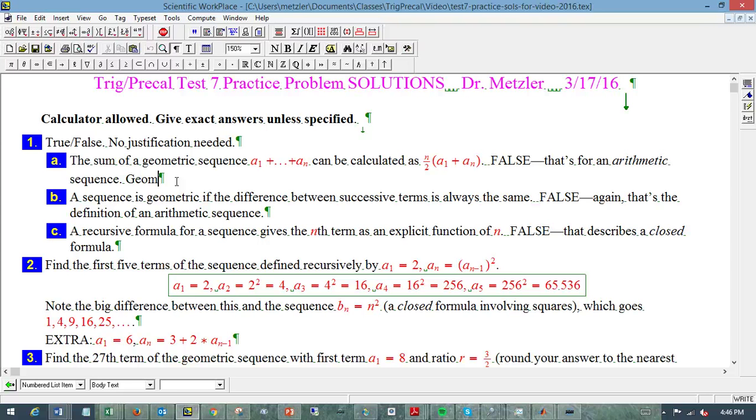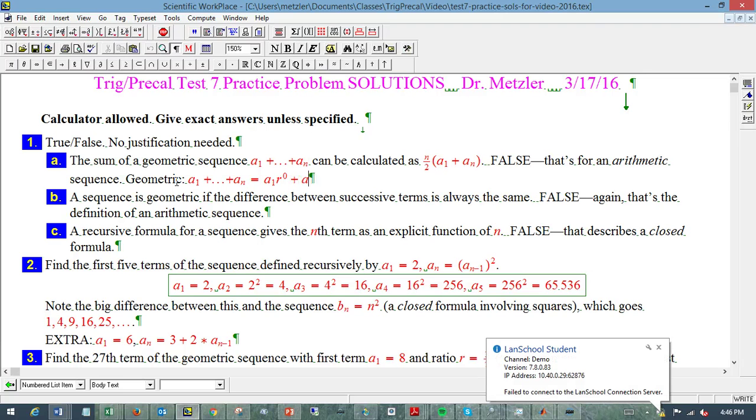For a geometric sequence, one way to recognize it is if it's of exactly this form, a1 r to the 0 plus a1 r to the 1 plus dot dot dot.